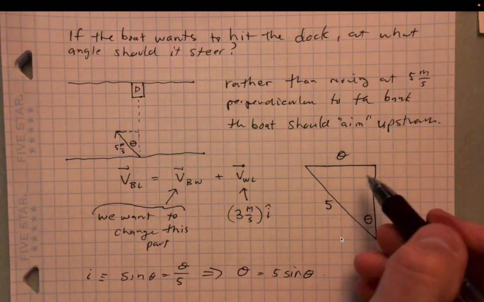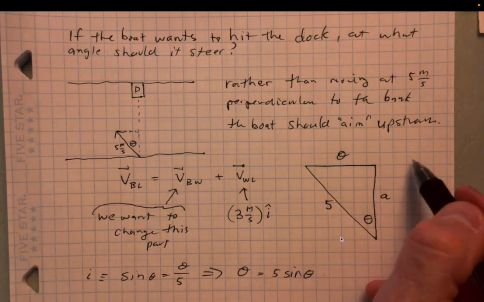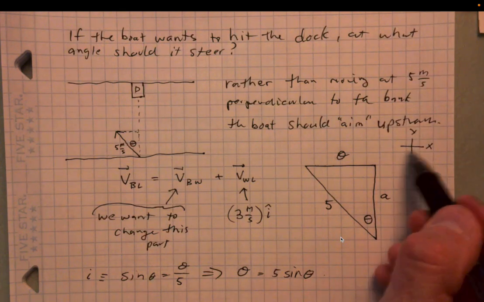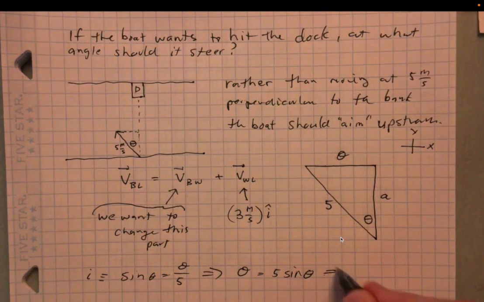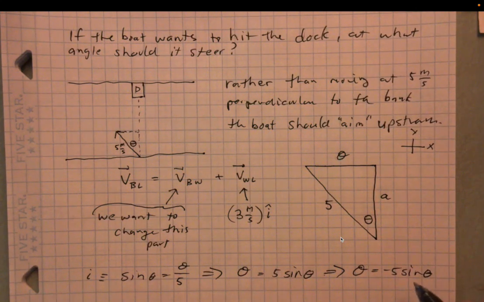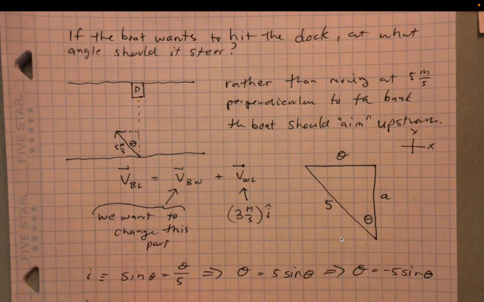Now, important to note that the way we've coordinatized the land, we have x, y like this. So this would be in the negative direction. So this needs to be negative. So this should be negative 5 sine theta. And what about in the j direction? Well, there we'll use the cosine of theta equals a over 5.